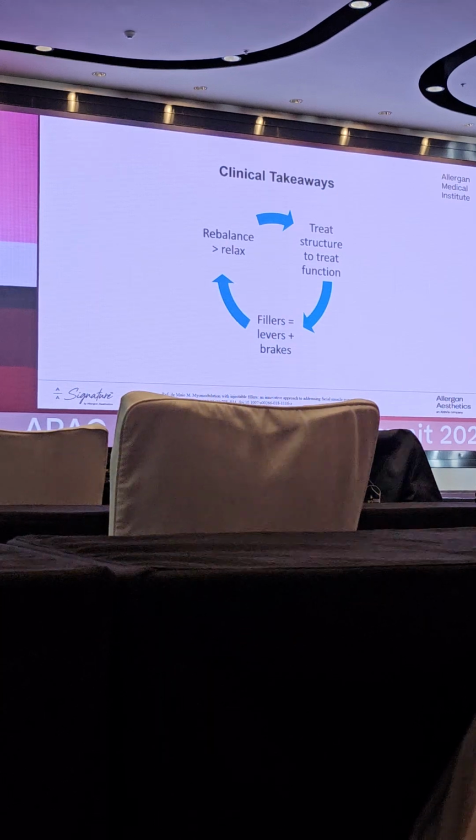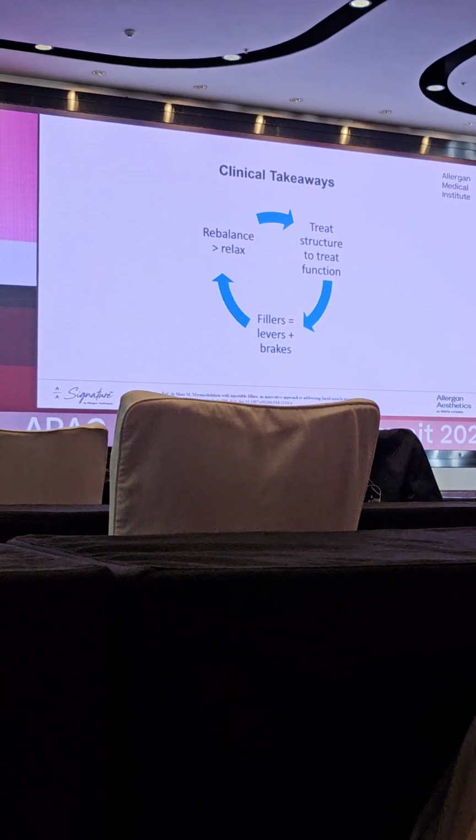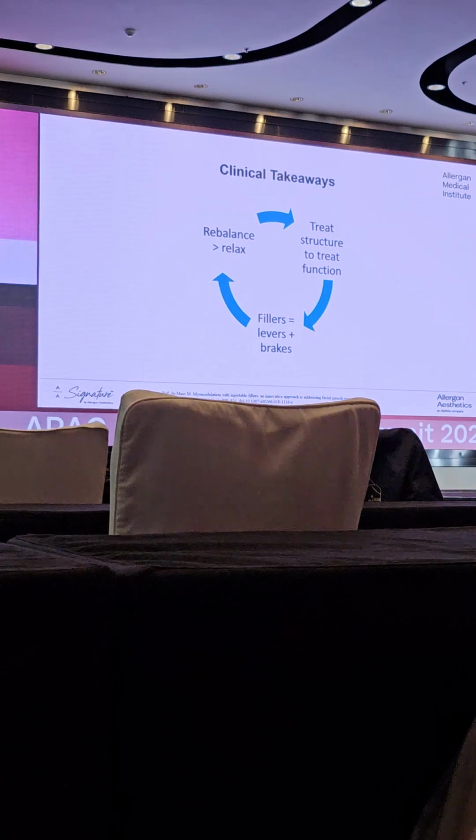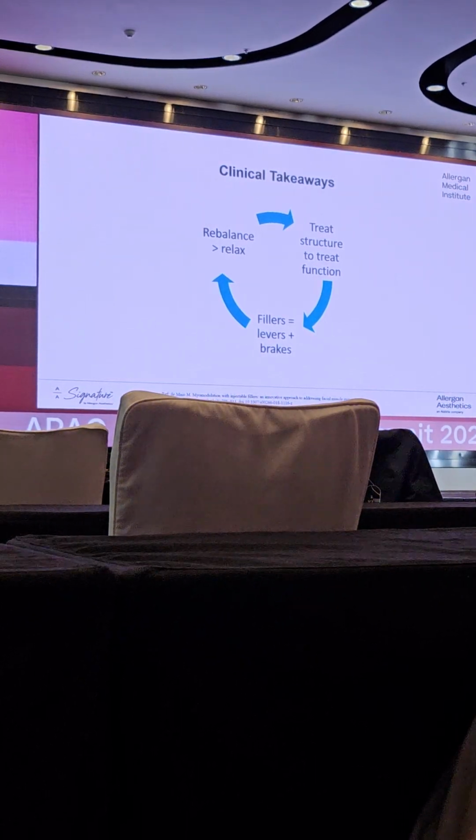So what is the clinical takeaway? Rebalancing is more important in some areas than simple relaxing. You may be tempted to put some toxin along the jawline or in the platysma or in the DAO area, but just relaxing sometimes is not enough because then you are just targeting the depressors.